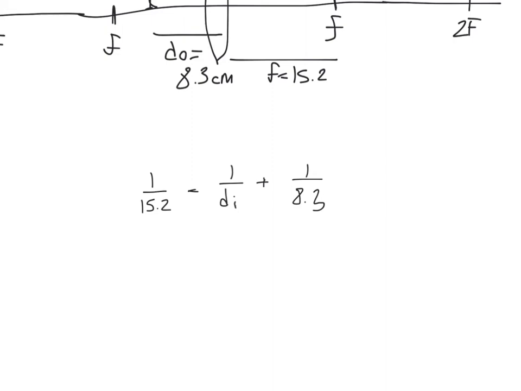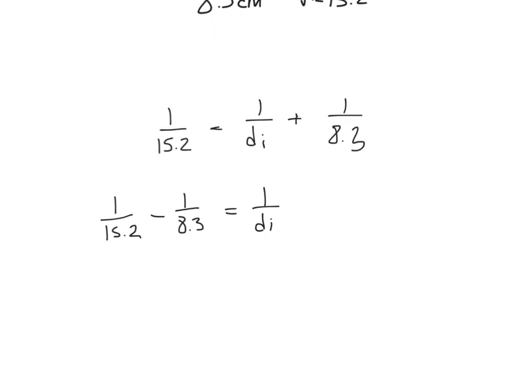Just to simplify things, I'm going to jump through this math part a little bit more by doing that opposite function over here, 8.3. So I'm just moving that 8.3 over.